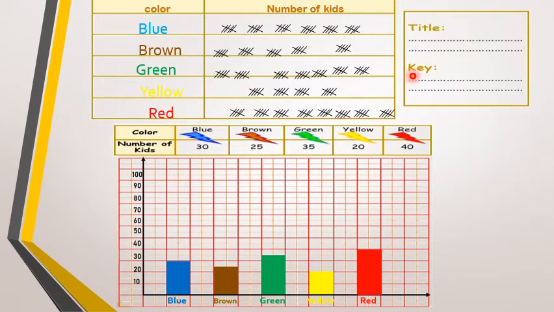So what is the title of the graph? My favorite color. You can see the title on the previous page. And the key here means each tally group represents what? The key says 5 kids. So the group of tally marks represents 5 kids. So for the tally, you make 4 lines and the 5th line goes across like this to make a group.